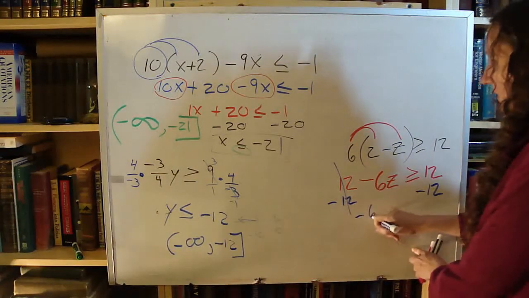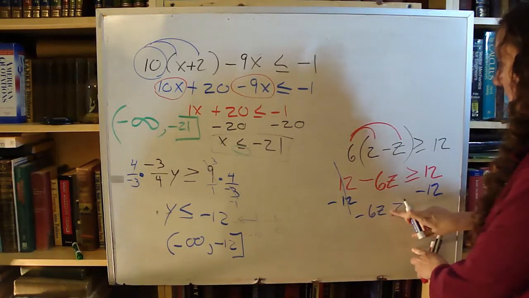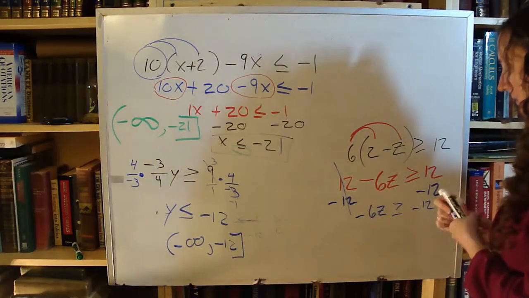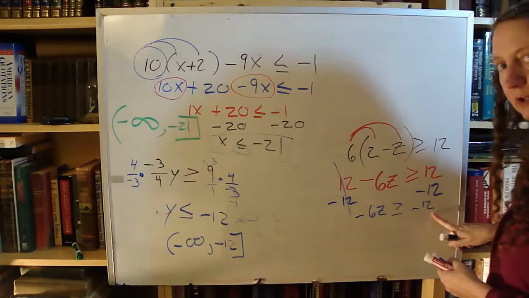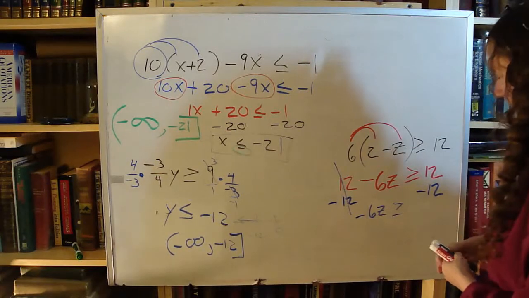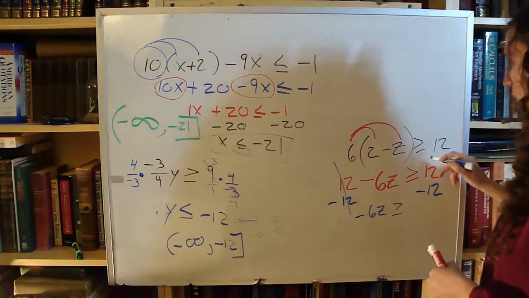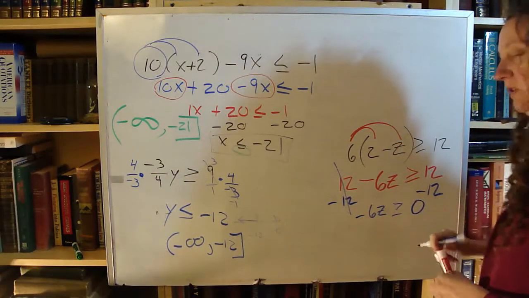I have negative 6z is greater than or equal to negative 12. That's wrong. Negative 6z is greater than or equal to 12 minus 12. 12 minus 12 is 0.